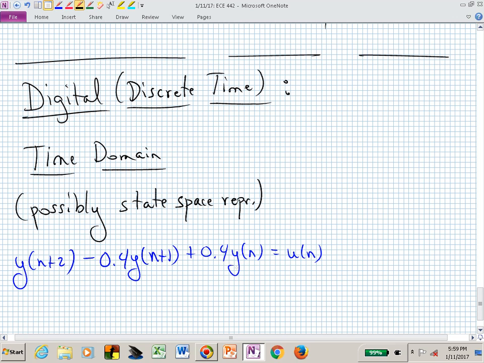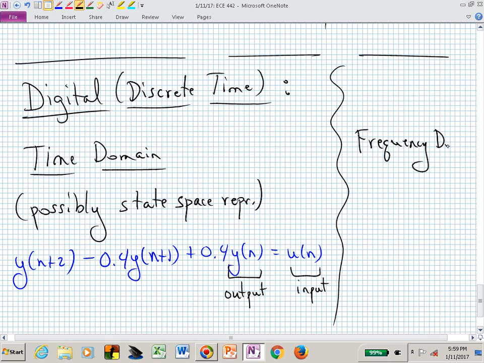Again, the terminology, typically we use y's to be our output, u's will be the inputs, and we can now go into the frequency domain like we did in the continuous time case.